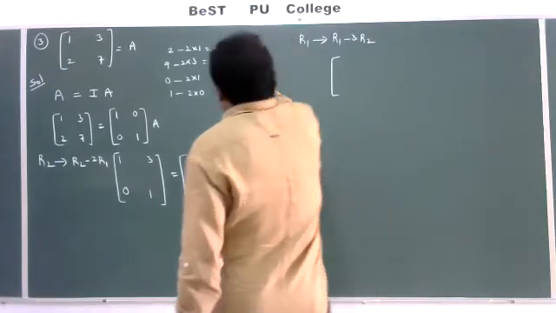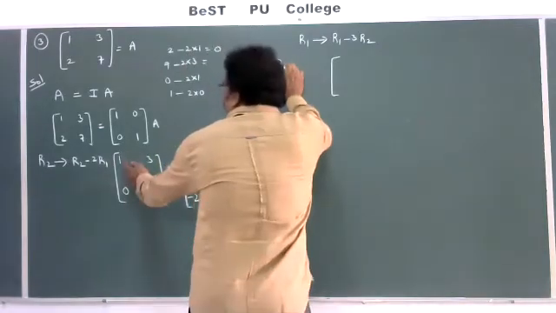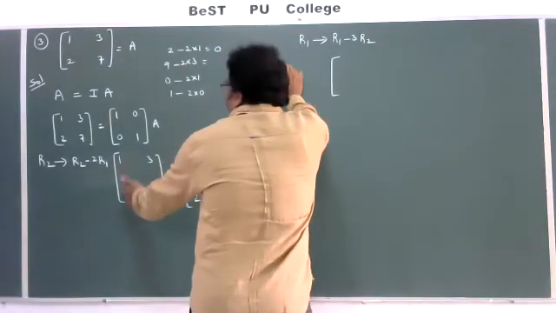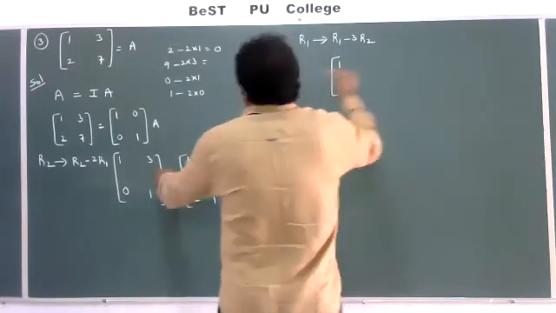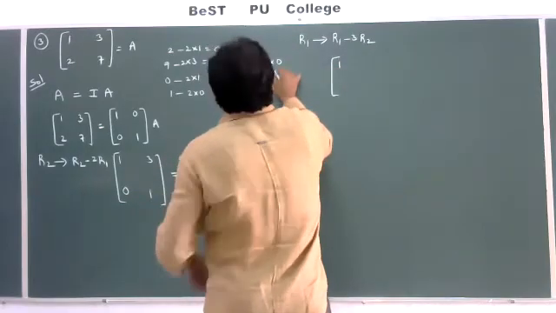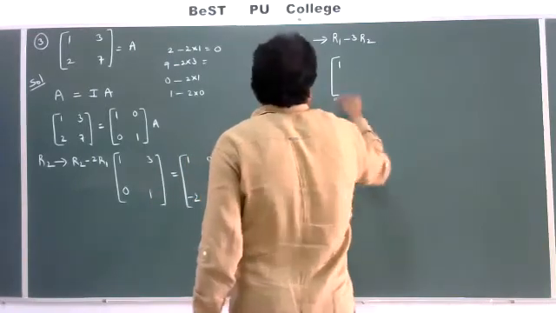So that is 1 minus 3 into 0, that is 1, and 3 minus 3 into 1, that is 0.